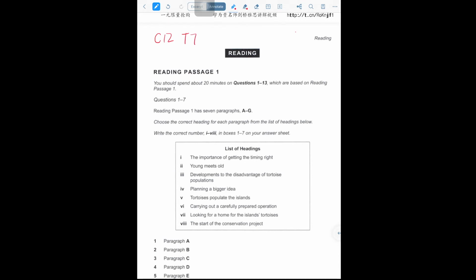Remember the first step is to skim through all 3 passages, and pay attention to the types of the passage and the question types as well, to determine which passage to read first and which passage to read last. So now let's go.